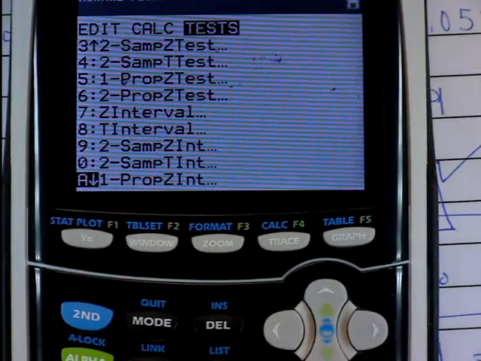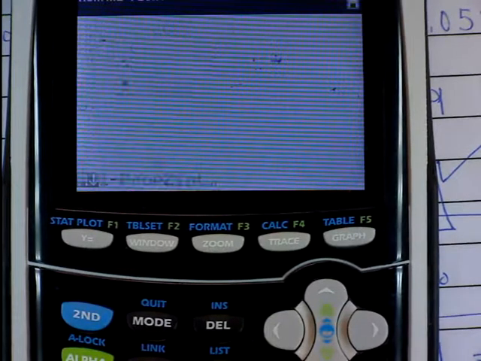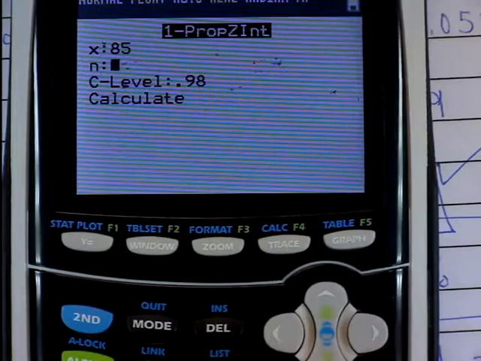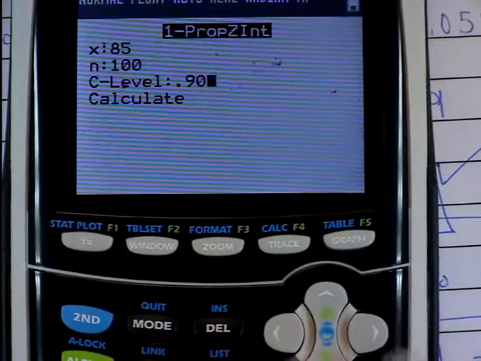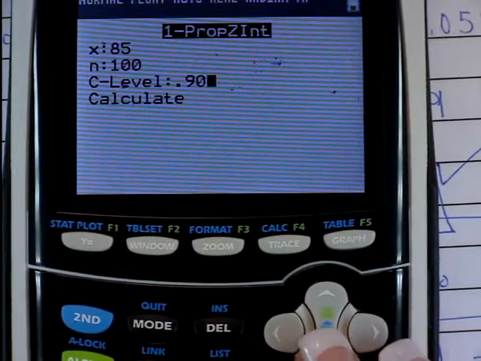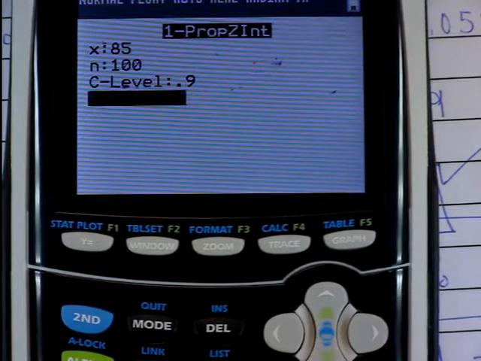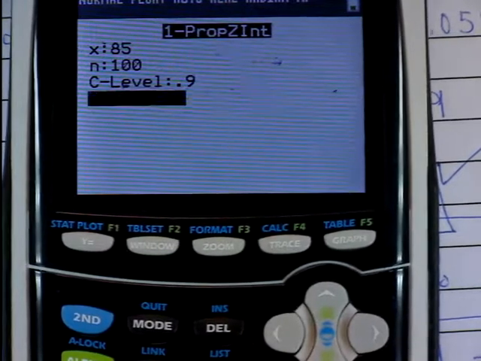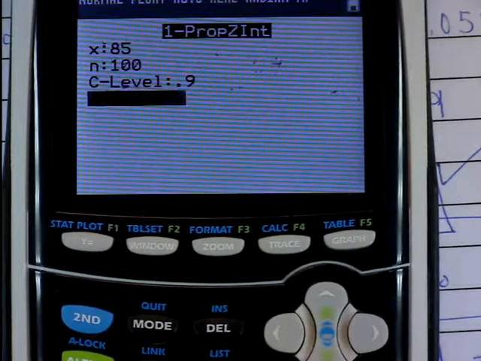Stat test alpha A. Enter. The X was 85 people out of 100 are happy, and the C level was 90%. With these proportion intervals, there's not a lot of information you have to put in the calculator. So 85 out of 100 were happy with a C level of 90%.